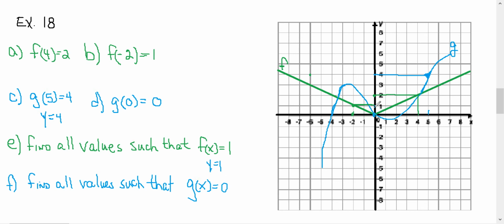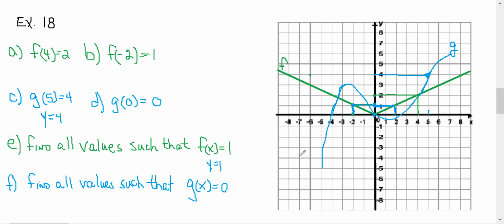So here's 1 on the y-axis. Well, looks like I can go this way, and I've got an x value. Right? It's going to go down here. And then if I go to the left here, I also have an x value, which is here.